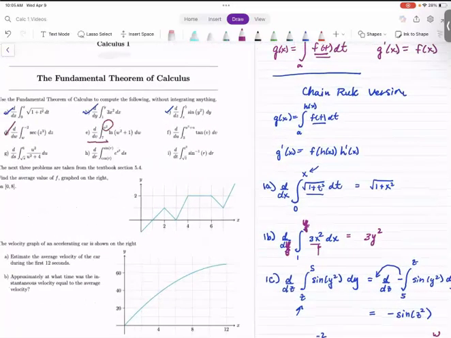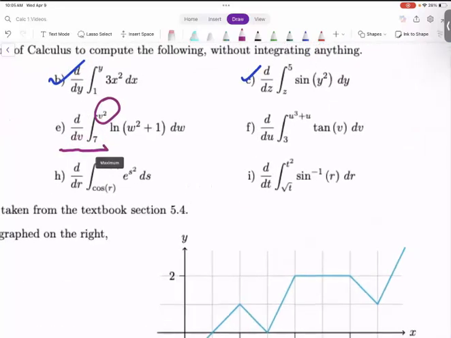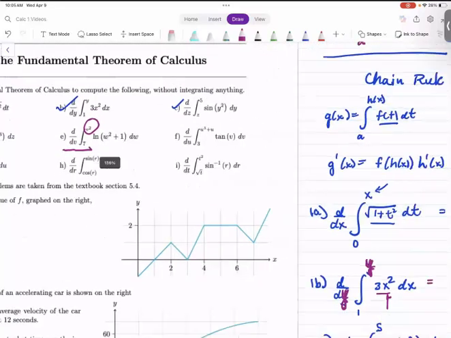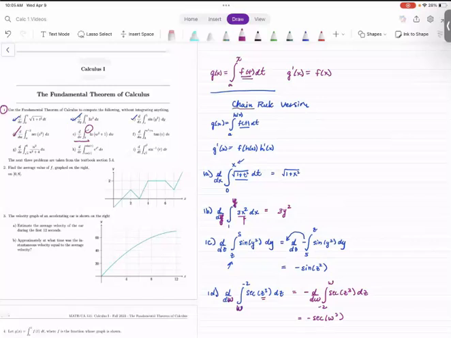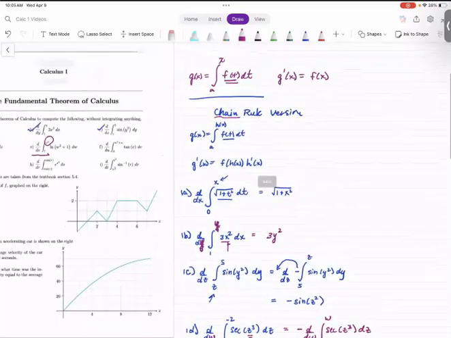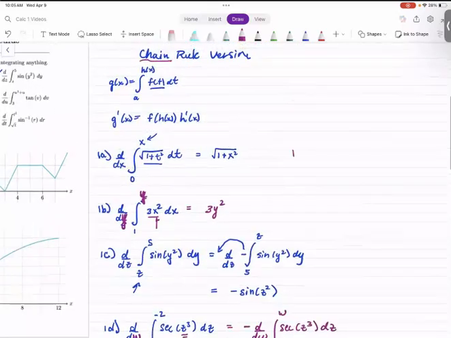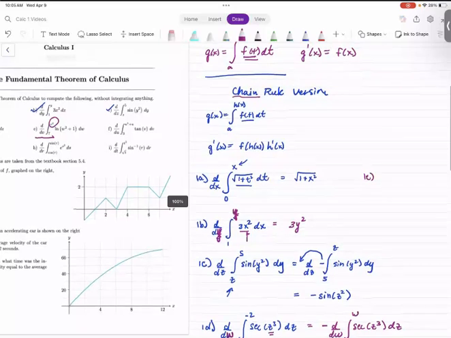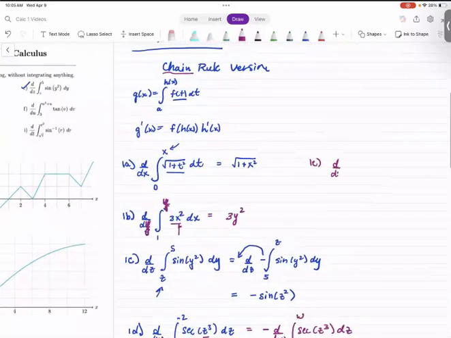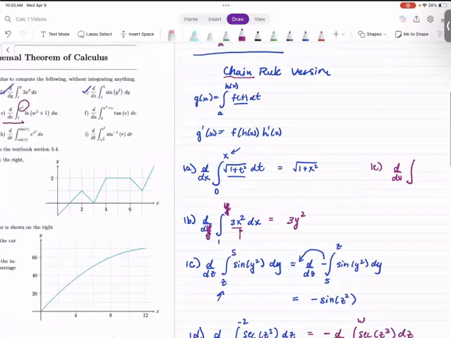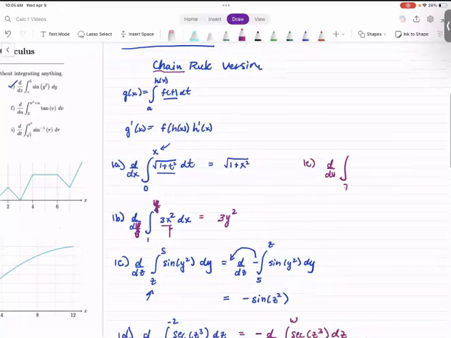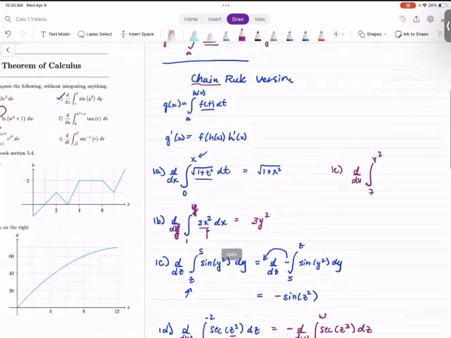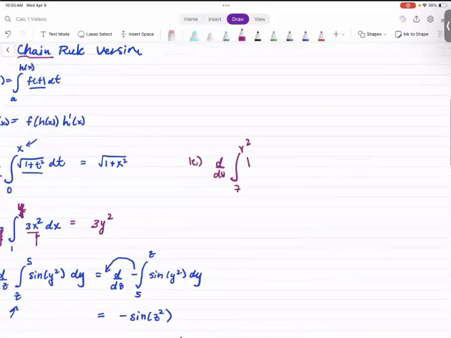Okay, now we're going to get to use the chain rule version here. So this is no longer just a single variable. That's d/dv of the integral from a up to v squared. So this is the chain rule version. So we're going to come over here to 1e and rewrite it over here. So it's d/dv of the integral from 7 up to v squared of natural log of w squared plus 1 dw.